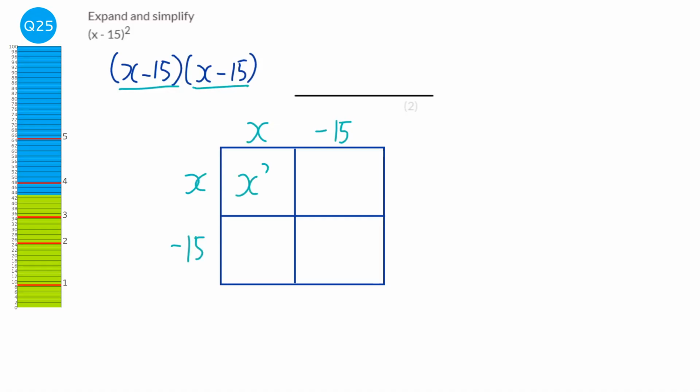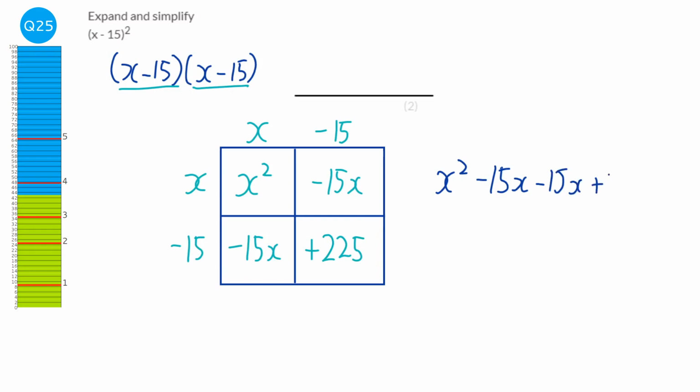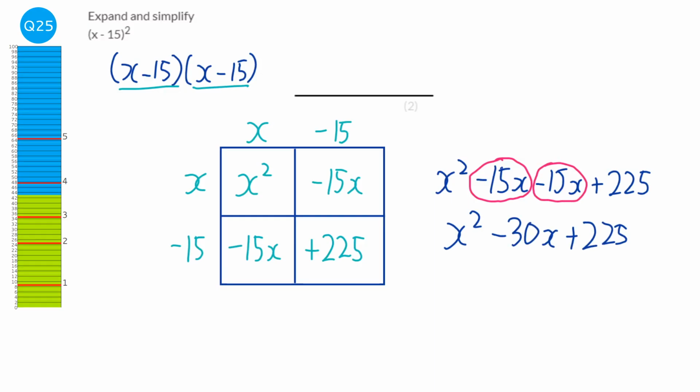Then we do x times x, which is x squared, x times minus 15, which is minus 15x, same again here, and then a minus times a minus, which is a positive 225. Put all the terms together. Now you can see that the x terms will add together, so that would become minus 30x plus 225, and that's our answer. So it's x squared minus 30x plus 225.